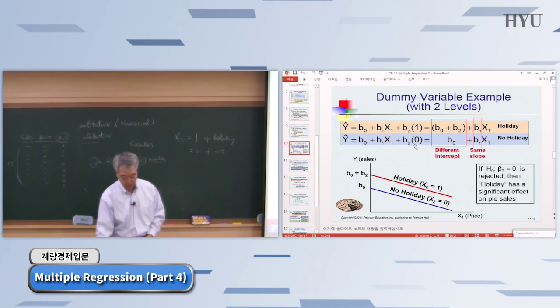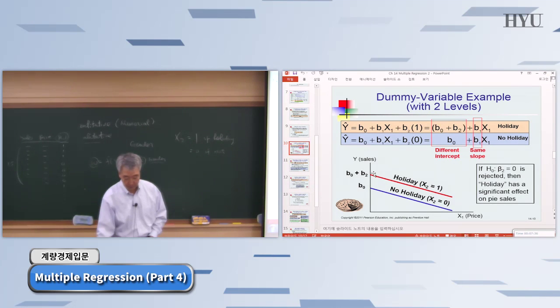Otherwise, you're going to include the 0, substitute 0 here, right? So that entire B2 term disappears. So what difference does that make? Well, the difference will show up as an intercept. In the first case, during the week where there was a holiday, the intercept will be B0 plus B2.